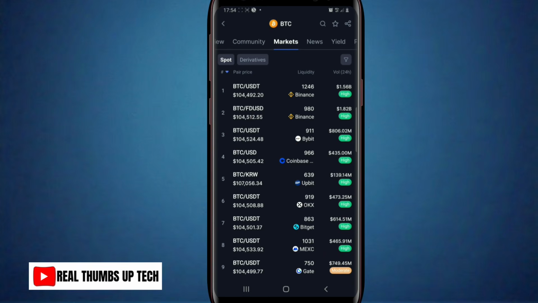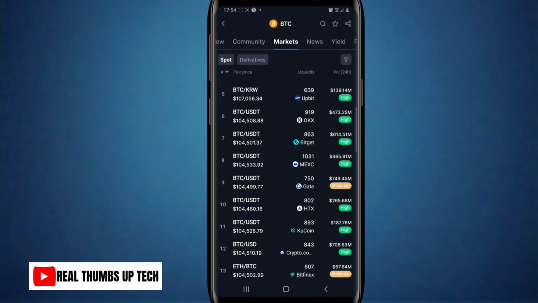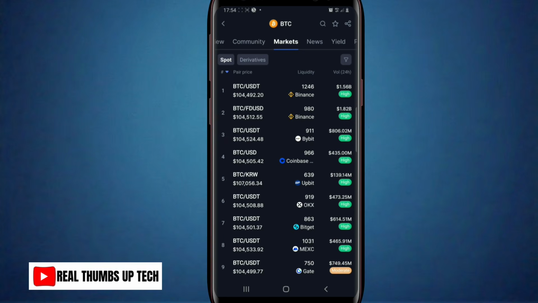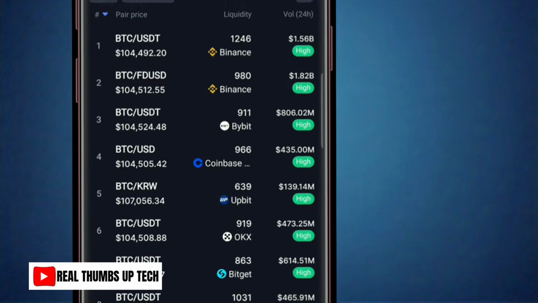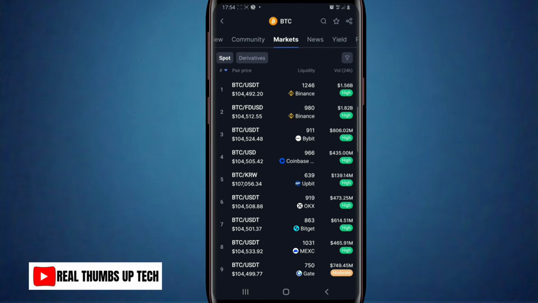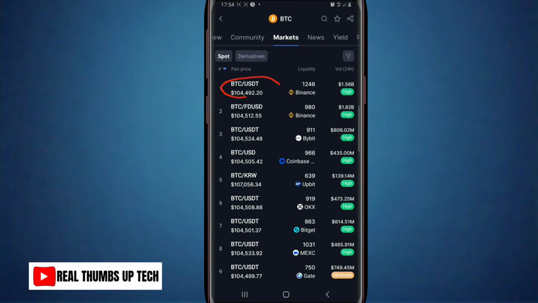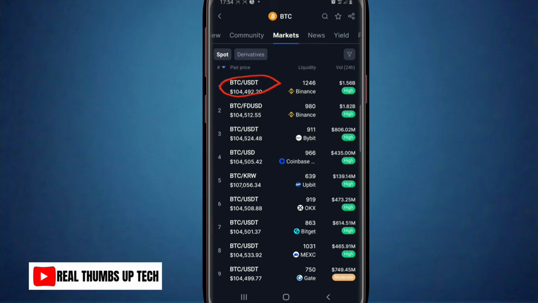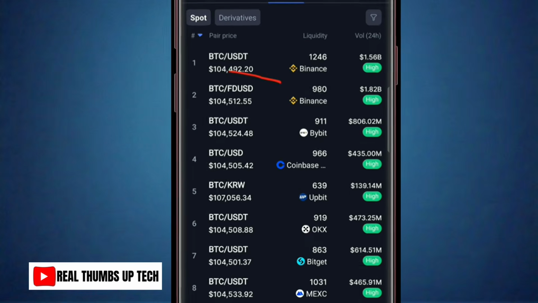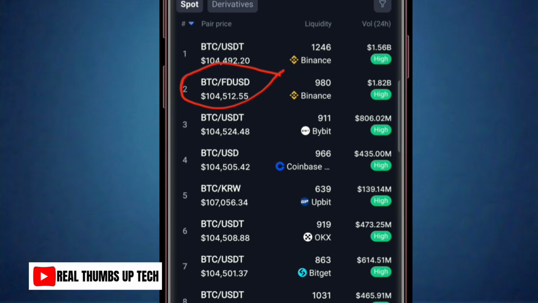Okay. Then if you also scroll down, you will see another pair, BTC KRW. So if you want to work on any pair, make sure that you trace that particular pair only. For example, if you want to know how much they are selling BTC USDT on different exchanges so that you will know where to buy and where to sell, don't start looking at BTC USD, BTC this, BTC that.